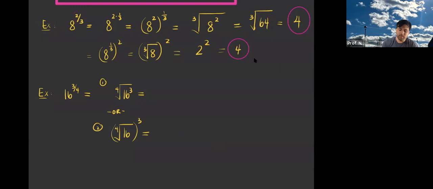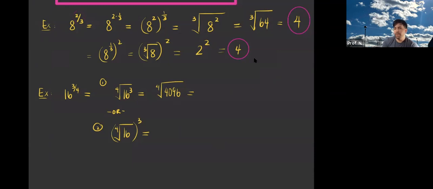What is 16 cubed? 16 cubed is 4,096. Now, does anybody know the fourth root of 4,096 off the top of their heads? Yeah, so it's okay. You see that sometimes there are other more convenient ways to do the same operation.